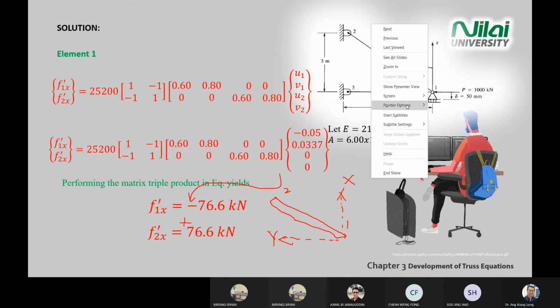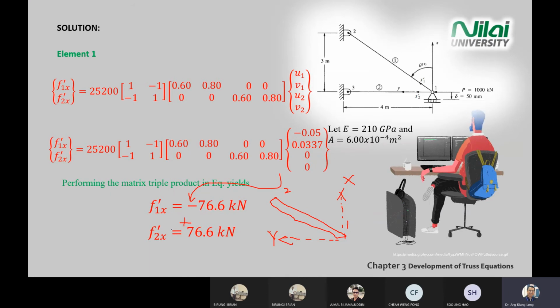How do you draw it in the free body diagram? Negative means it goes opposite the X direction, your X axis. Your X positive is to the top here. So when you get a negative, it means the force is pointing down. This is your F1x, small f.